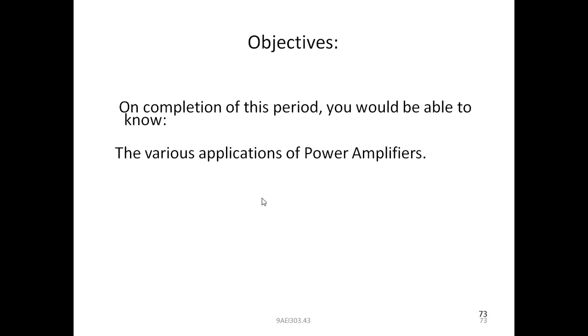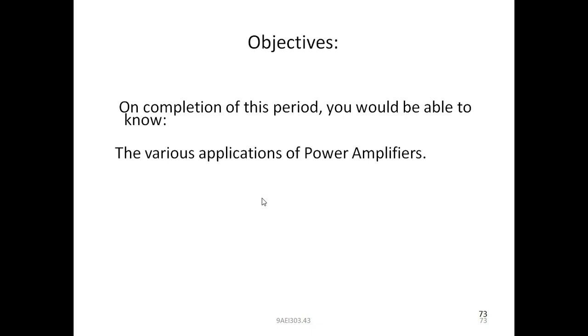So common emitter with load resistance, resistive load. With this, the efficiency is only up to 25 percentage. Next one, transformer coupled Class A power amplifier. This is also the same. The efficiency is up to 25 percentage.